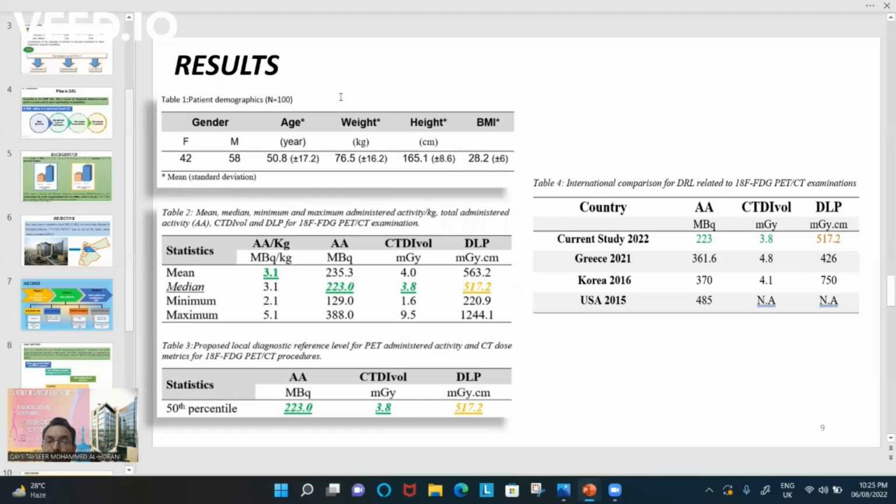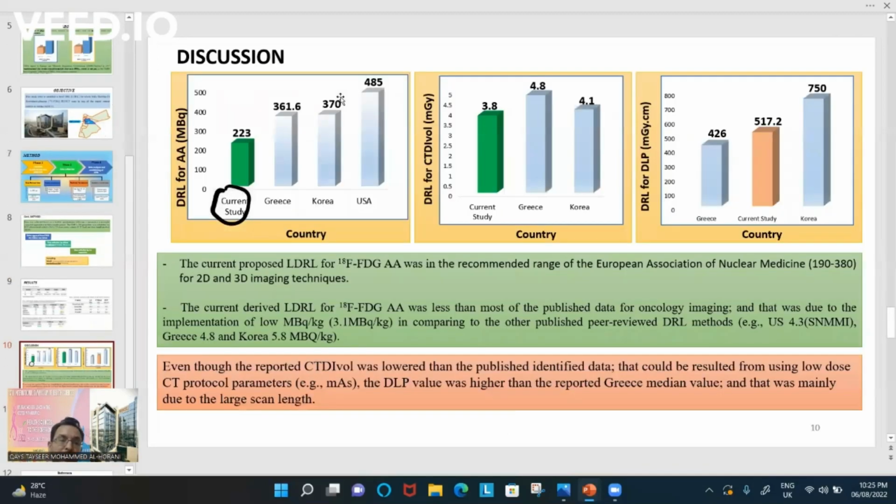By comparing our results with other studies in different countries, we chose Greece from Europe, Korea from Asia, and the USA from America.